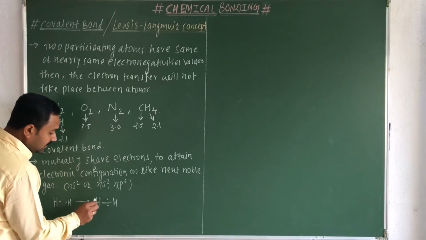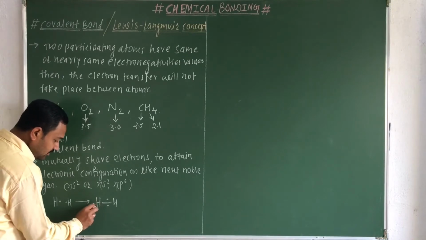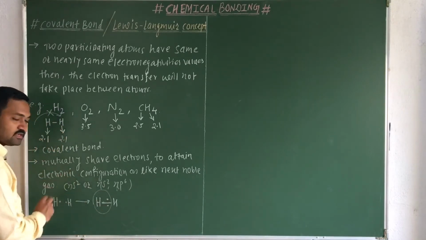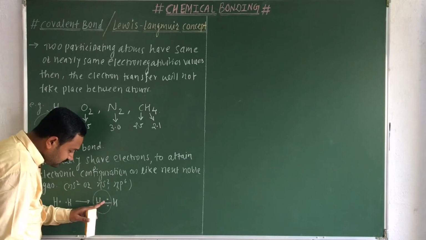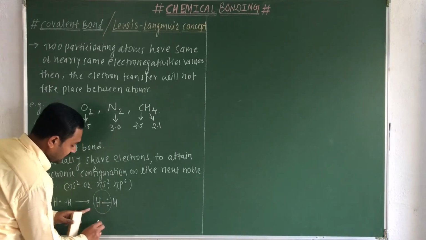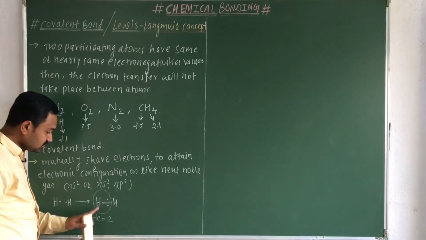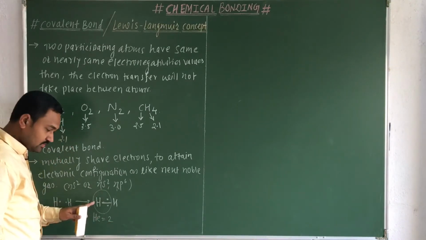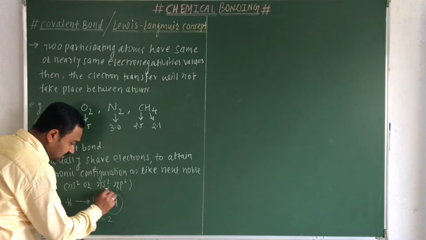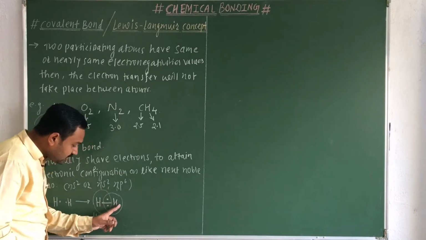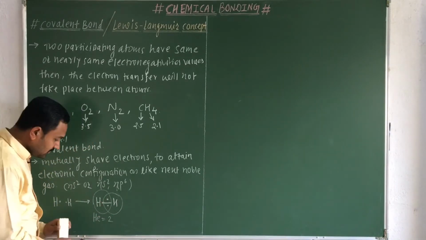Each hydrogen atom also achieves the stable electronic configuration like helium, whose atomic number is 2.